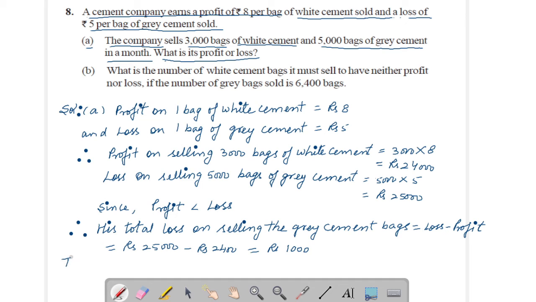Thus, he has a loss of rupees 1,000 on selling the grey cement bags.